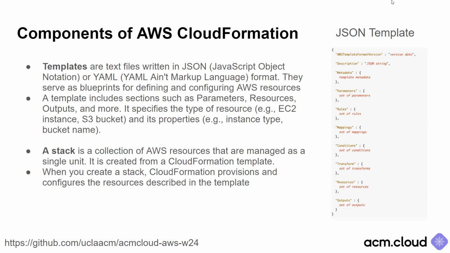Generally, things you're going to want to look out for are these resources here, as well as any metadata and conditions. Those are what tell you the specific services that your template will need to create, and when to create which services, and the metadata associated with those services. Generally, you write your template either in JSON format, which is what that template is, or YAML.